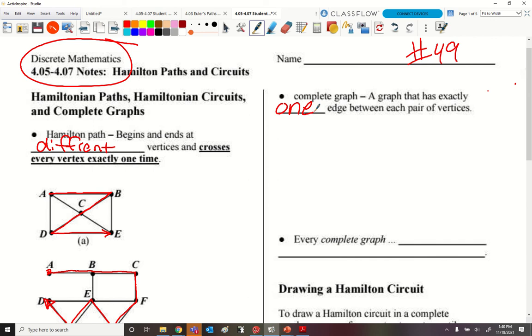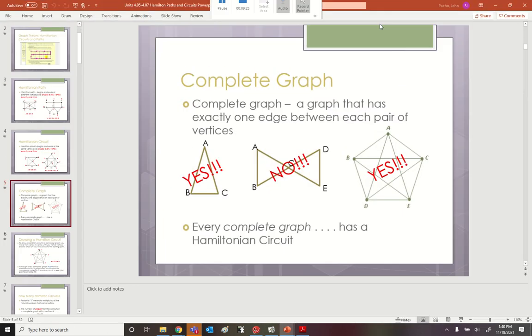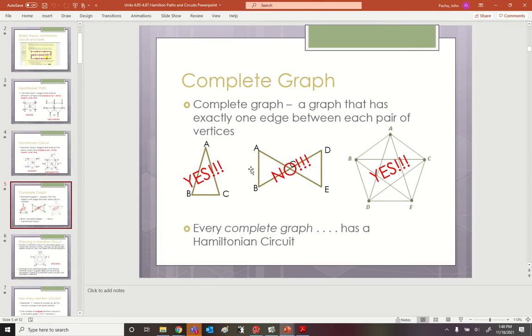There's another vocabulary, but I'm going to give you some diagrams to go along with complete graph to show you the difference. So here we go, right here. Draw these diagrams. So in that little place, draw the diagram. Draw these 3 diagrams because it will explain why it is not a complete graph.